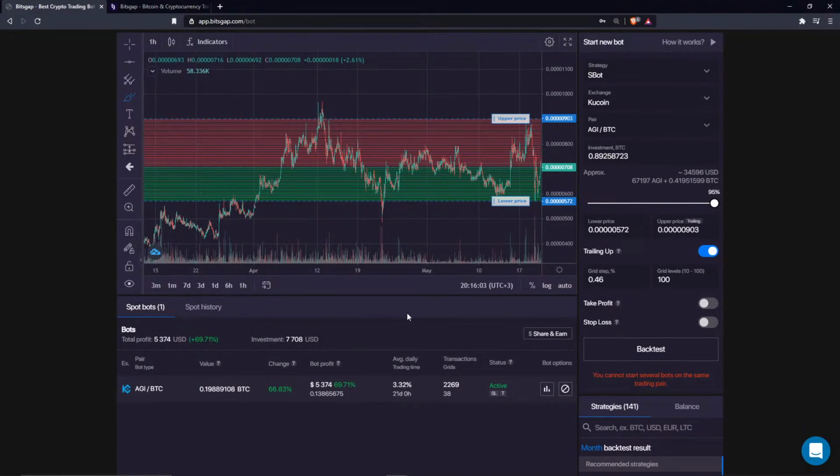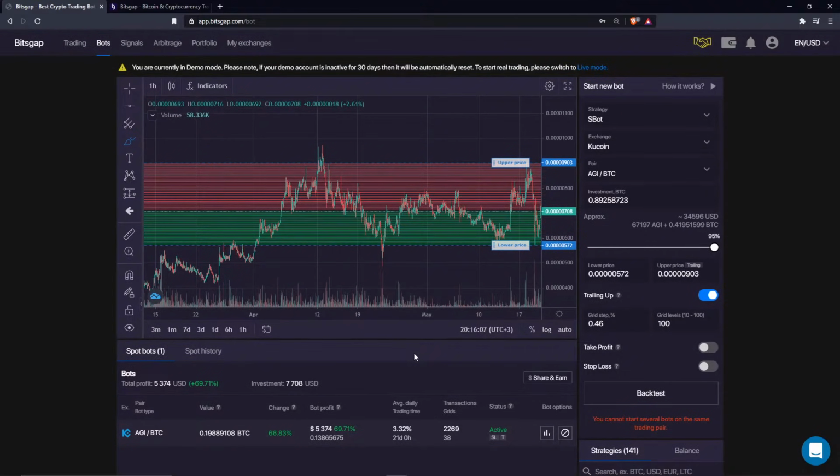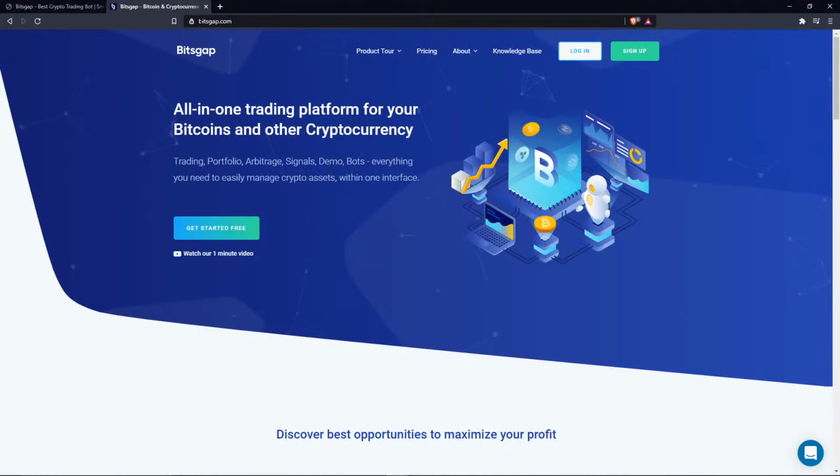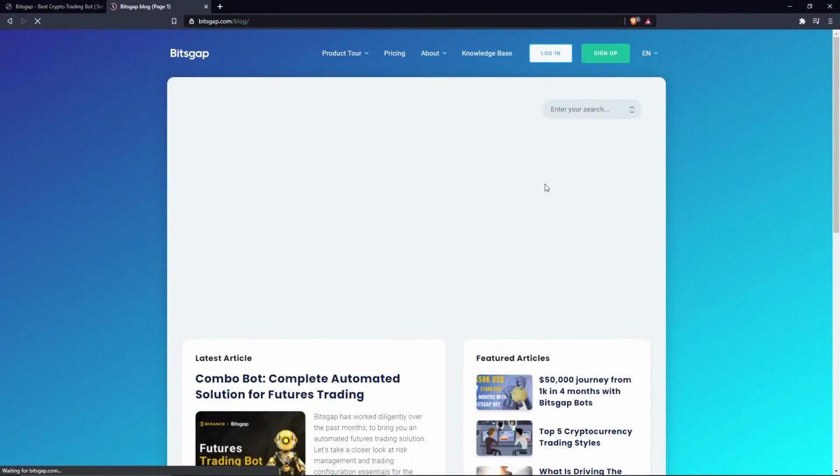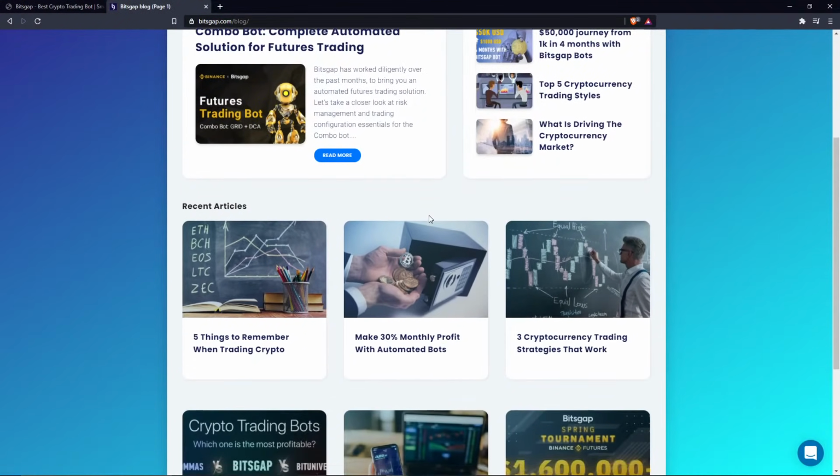You can select your own team on Bitsgap, and then all together we can participate in various tournaments that we have on Binance and OKEx. Let me check when was the last time we had a competition.